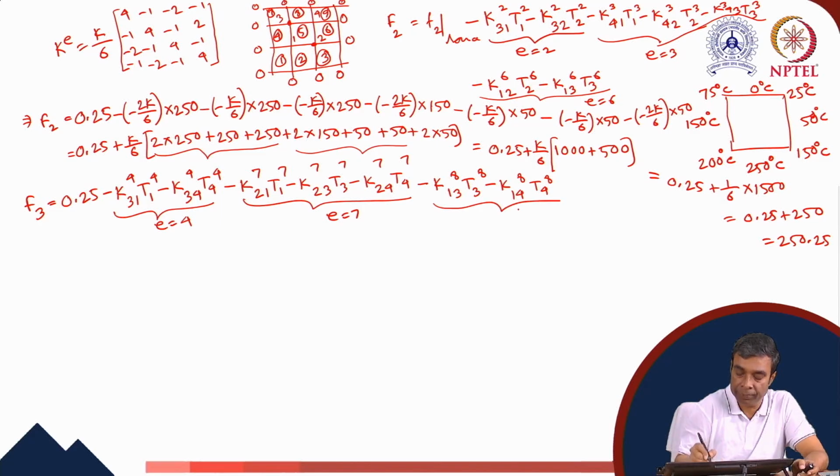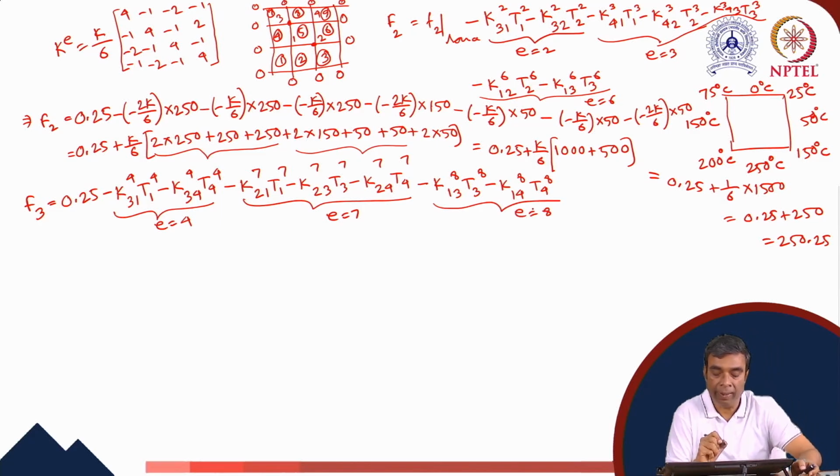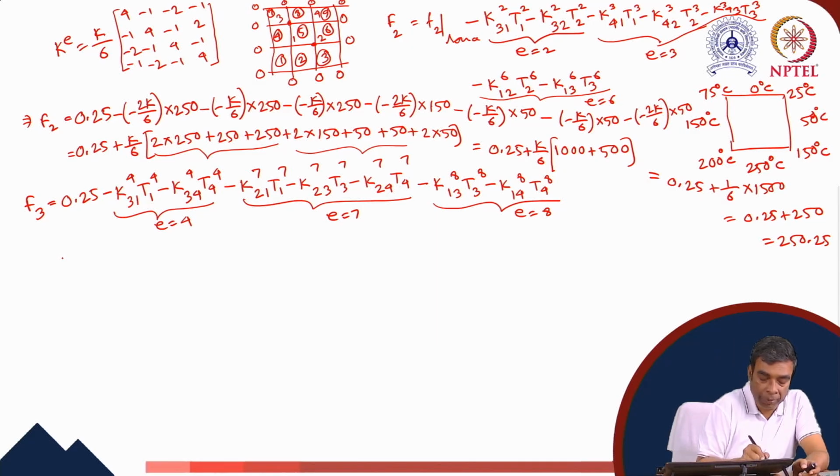These are for E equals to 8. So for 8th element, our I was 1 and B were 3 and 4. So we can write it as 0.25 minus K31, it is minus 2K by 6, minus 2K by 6.